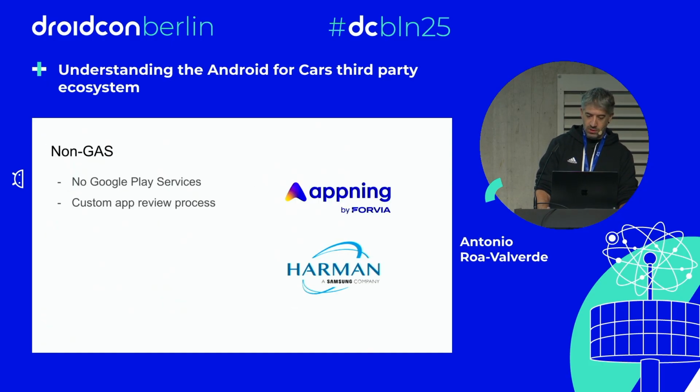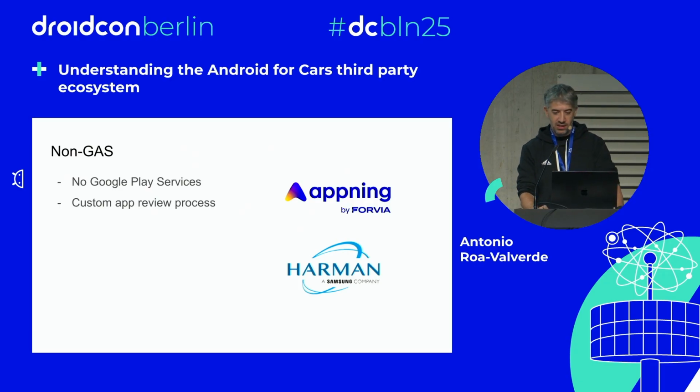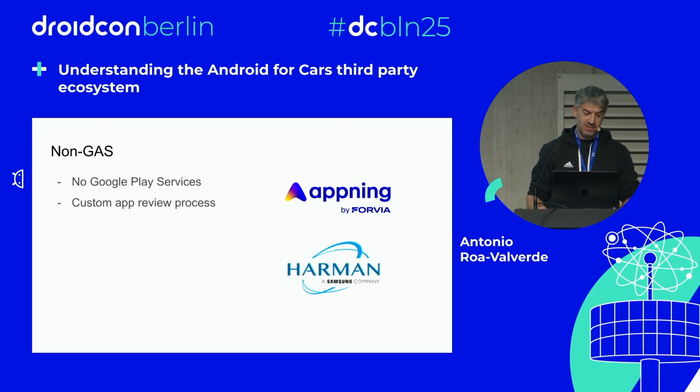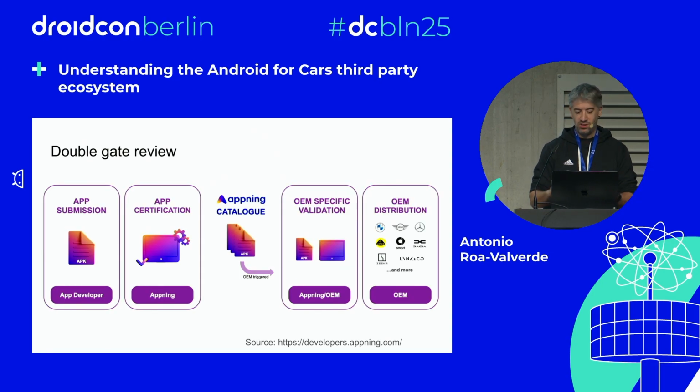When it comes to non-GAS, basically here, we cannot depend on Google Play services. And another thing is that they have a very interesting app review process, which looks like this. I took this screenshot directly from the Appning website, so thank you for that.